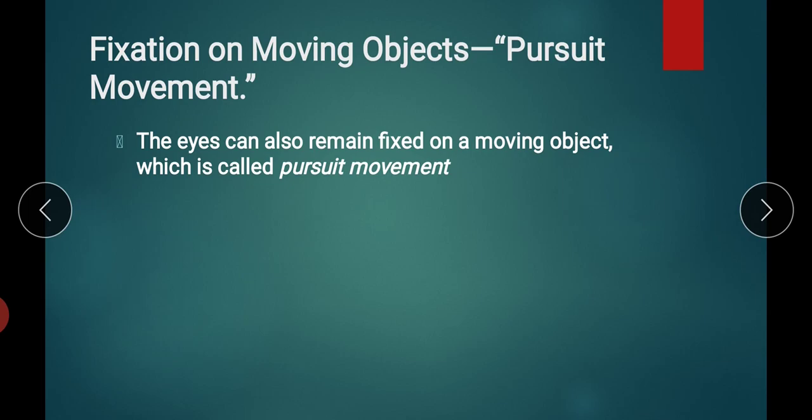That type of movement, when you are following the tennis ball, is known as the smooth pursuit movement. That is another type of movement which is mainly controlled by this fixation area. So that is one more ability of the eye: fixation on a moving object, known as the pursuit movement.